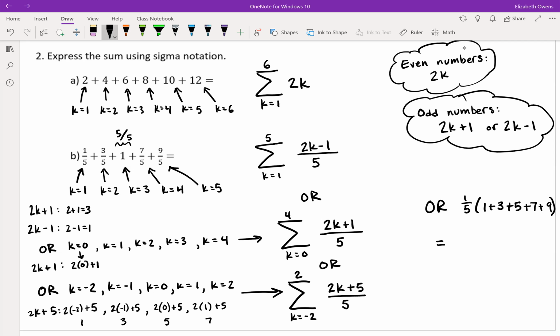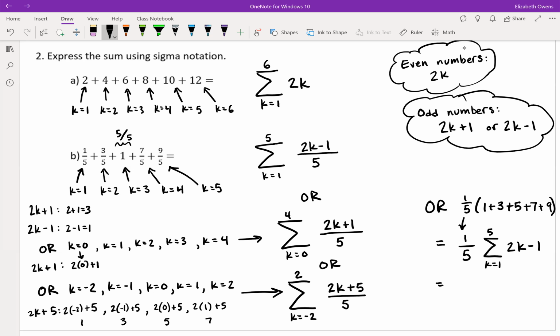You could actually pull the 1/5 out of your sigma entirely and just do 1/5 times a summation of those odd numbers. Since that's most of what we had to focus on in making our formulas, it was like, okay, what's the numerator going to be in each case? You could take any of those numerators and put them in like this. So if you went with k equals 1 to 5, you could just put 2k minus 1 while taking the 1/5 out.